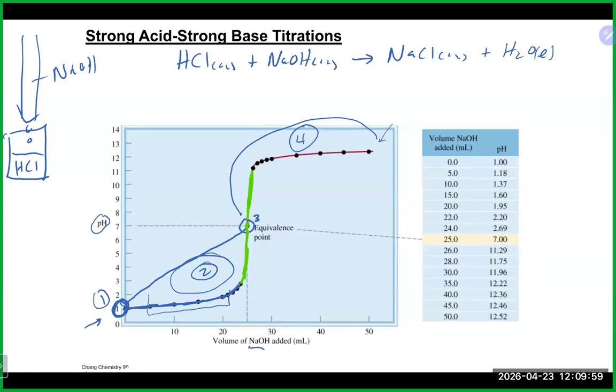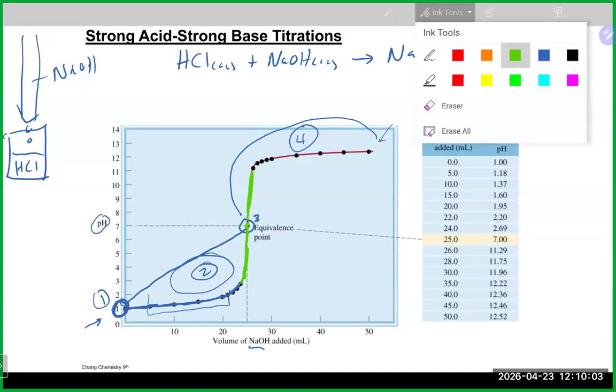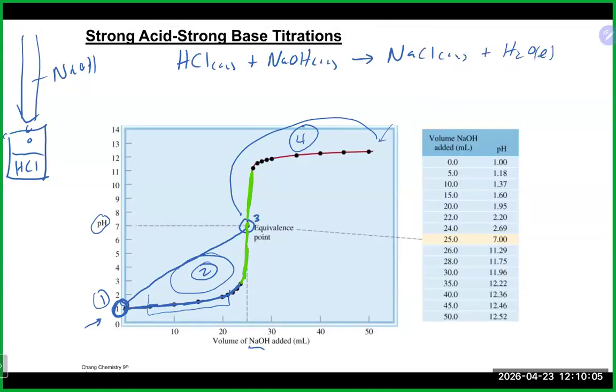Now, this is the reason why people say that saying of I added one drop and my color went crazy, right? It went dark pink. That is because as we approach the equivalence point, kind of like from here to here and even past the equivalence point, it goes pretty vertical, right?